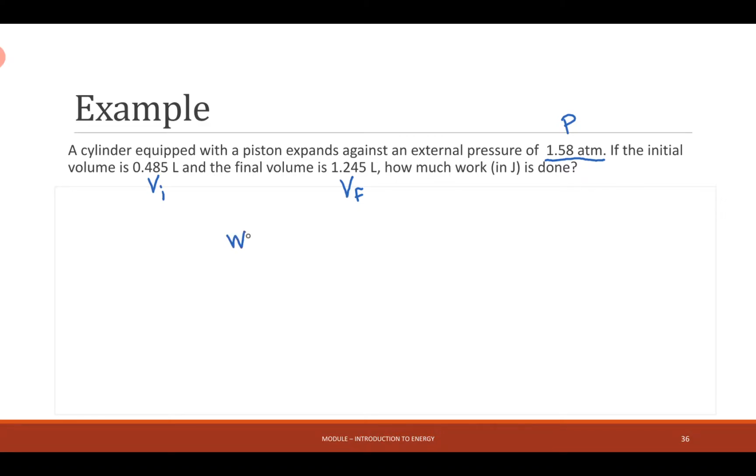So it's good to just start with your equation that has no numbers in it. That way you can remember your whole equation. P is 1.58 atmospheres, so that's going to be negative 1.58 atmospheres. And then delta V is going to be final minus initial.